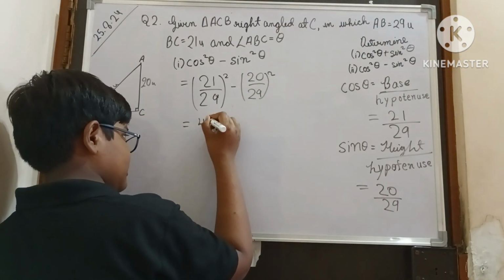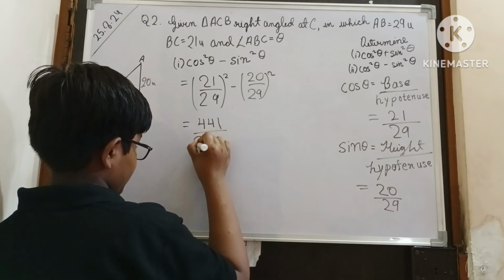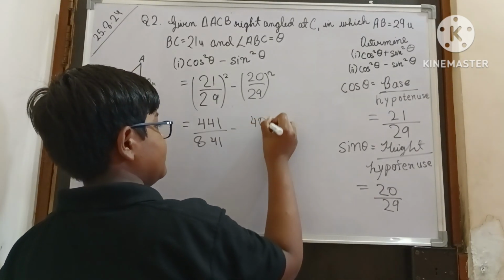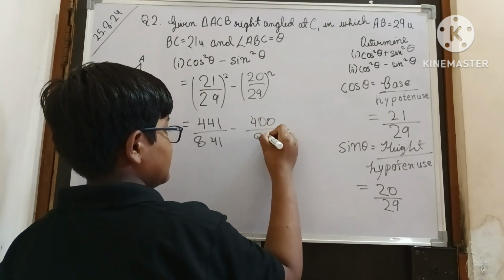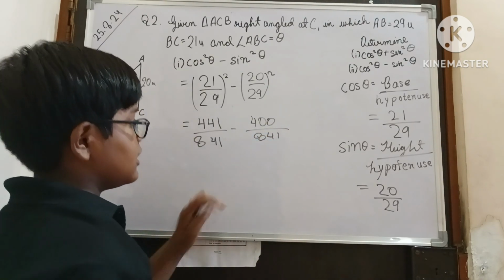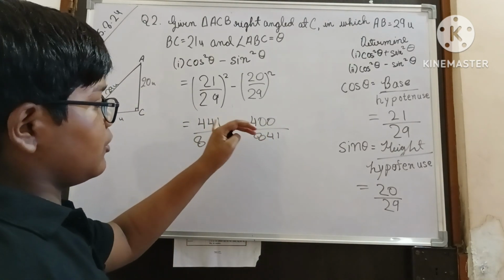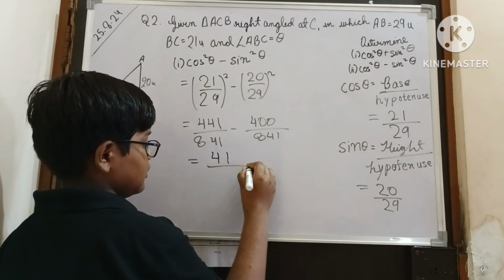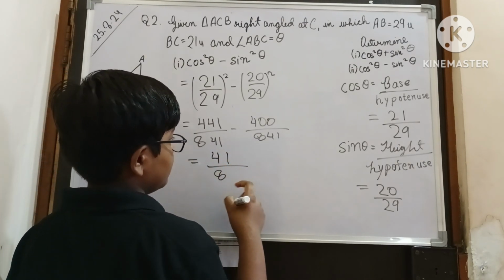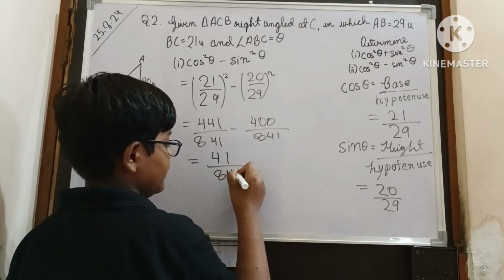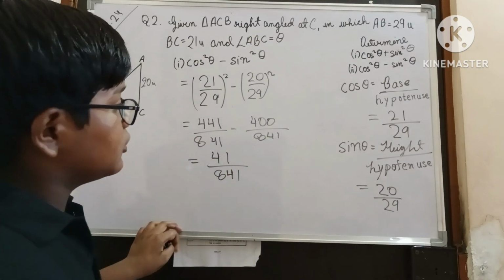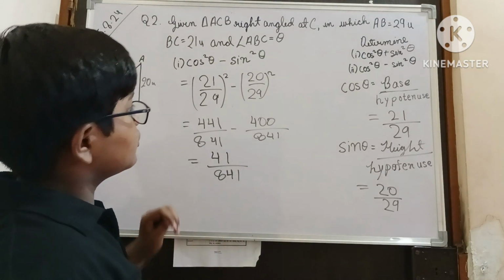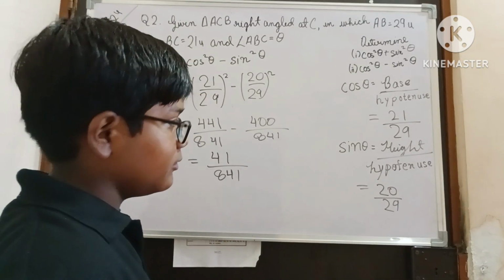Now it will become 441 divided by 841 minus 400 divided by 841. So these are like fractions, so the numerators will be directly subtracted, and we get 41 divided by 841. So we have found the answer of cos squared theta minus sin squared theta.